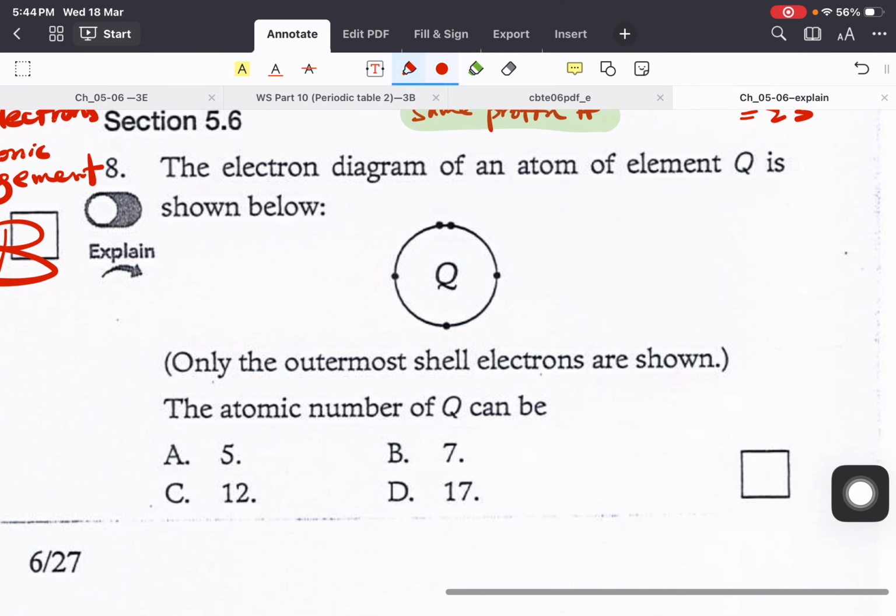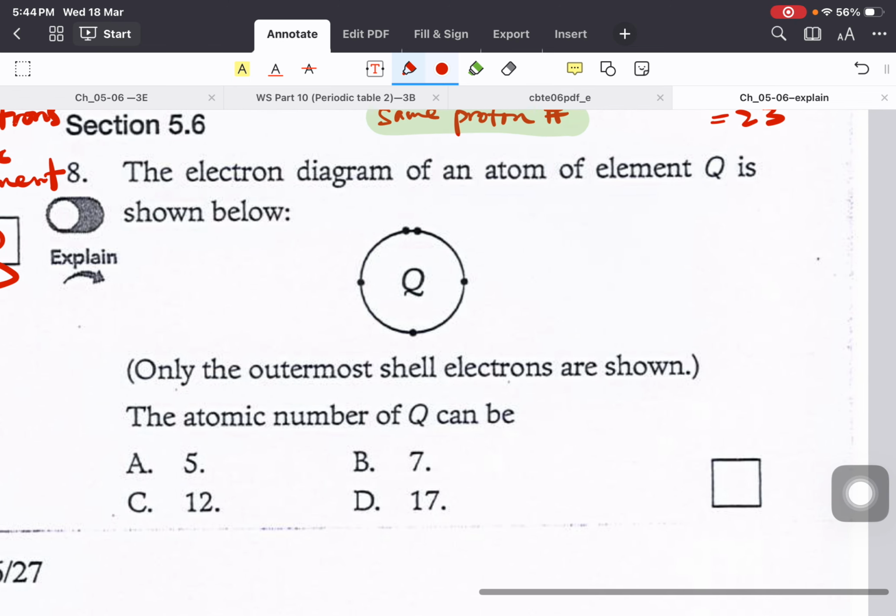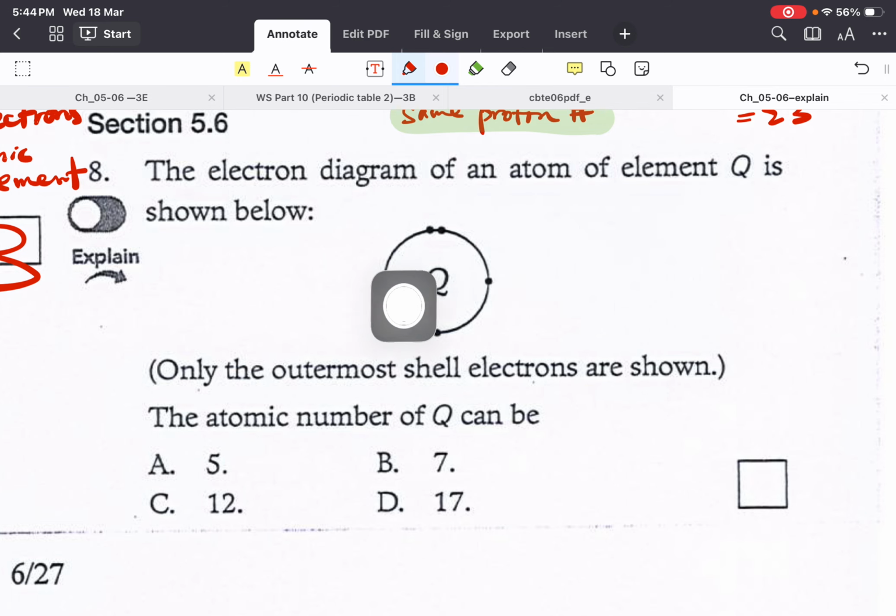And lastly, the last question. The electron diagram of the element Q is shown.